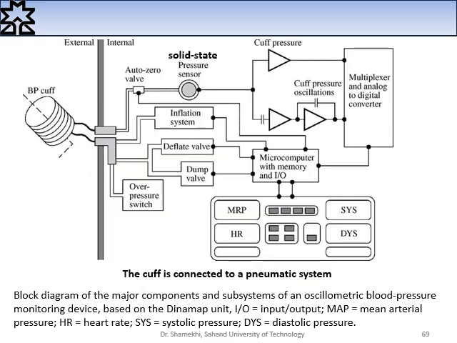In this slide, a block diagram of the major components and subsystems of an oscillometric blood pressure monitoring device has been shown. As you can see, we have a blood cuff here, a complete system to inflate, deflate, control, and restrict from the overpressure, and also some amplifiers to amplify the signals recorded by this solid state pressure sensor.